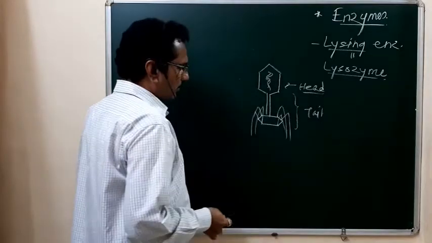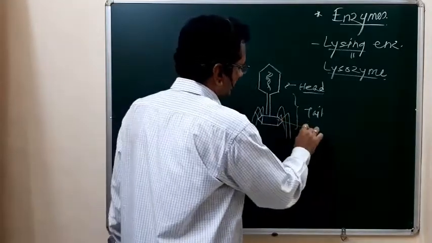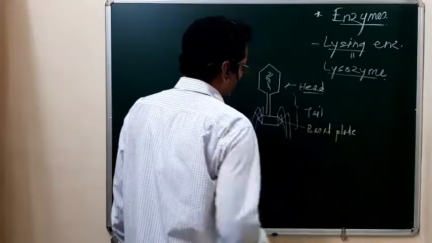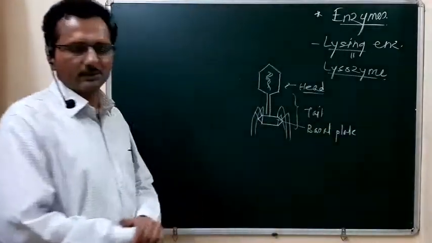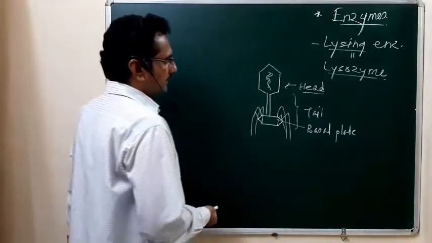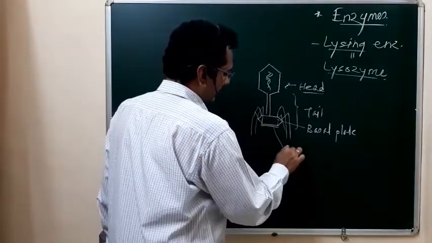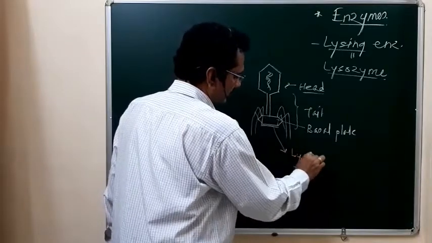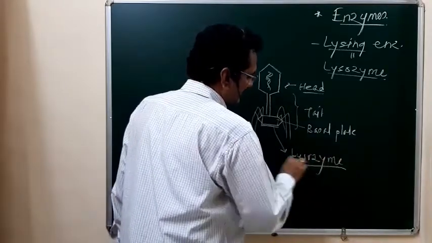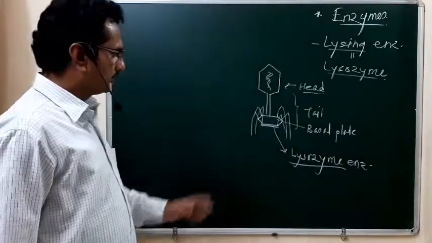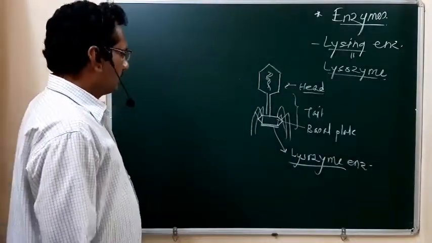Toward the lower side of the tail, it shows the presence of the basal plate, and toward the lower side of the basal plate, this lysozyme enzyme, or lysing enzyme, is situated. So what is the role of this lysozyme enzyme?